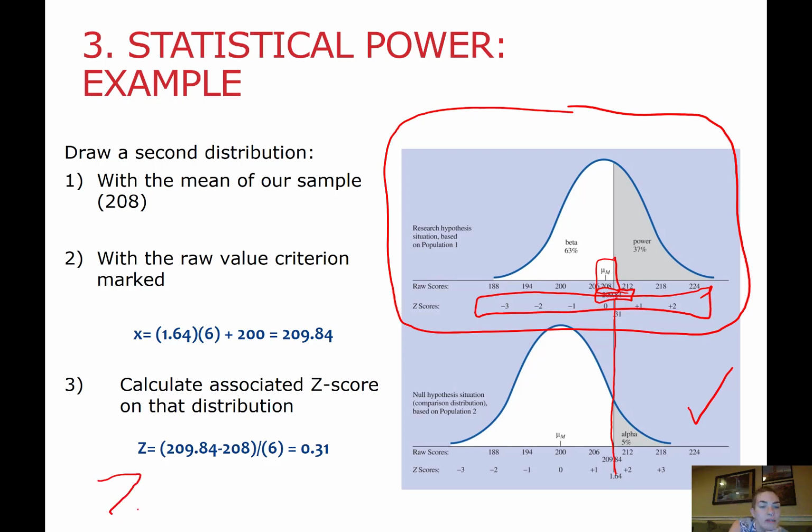So I'm using my z formula here. Z equals x minus m over the standard deviation of this distribution. So x is the value that I want to find a z-score for. So 209.84 minus the mean of the distribution, 208, over the standard deviation of the distribution, which is 6. And that gives me a z-score of 0.31. So on the top distribution, a value of 209.84 corresponds to a z-score of 0.31.